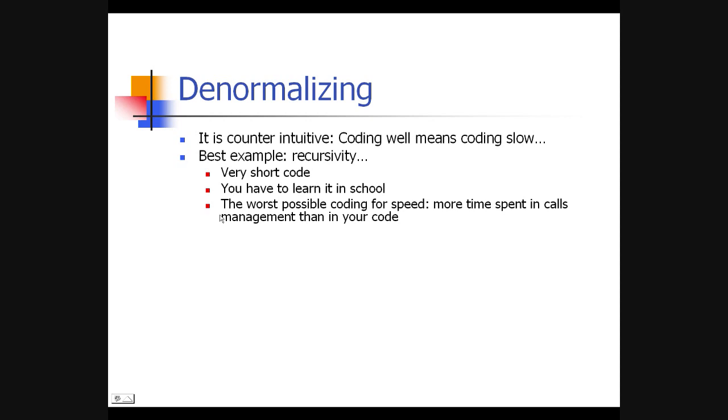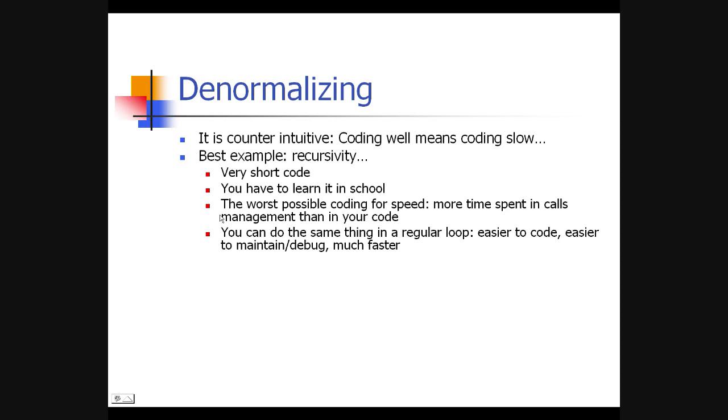And this saving, restoring, and calling is sometimes longer than the execution of the code that you have inside the loop, which means that by coding it that way, you have multiplied the length of your code by 2, 3, or 4, perhaps even more. So when you have more time spent in call management than in your code, there's a problem.